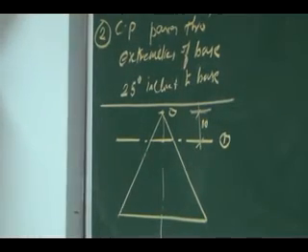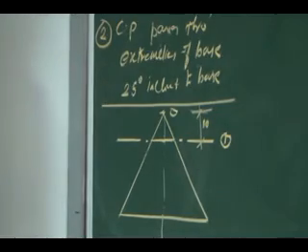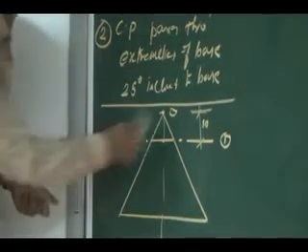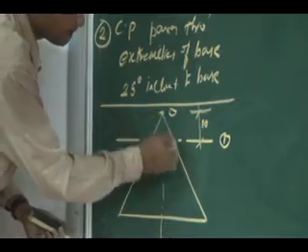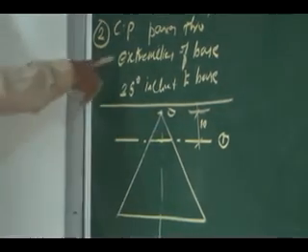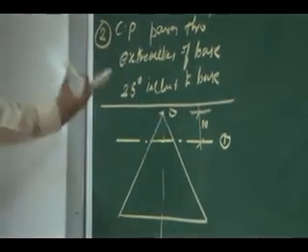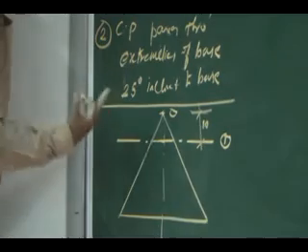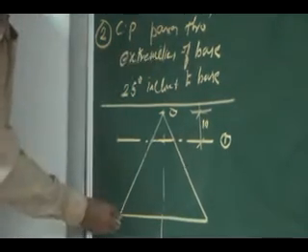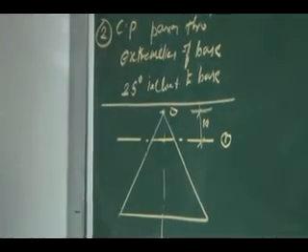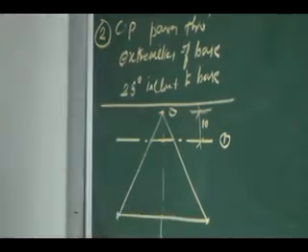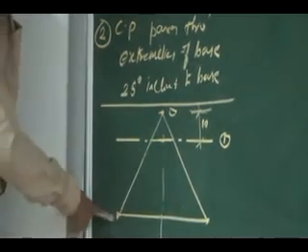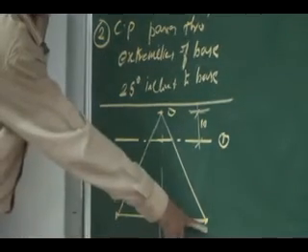The second cutting plane cuts the cone. It is a vertical plane that passes through one of the extremities of the base, meaning the extreme points of the base. This is an extreme point, and this is another extreme point.